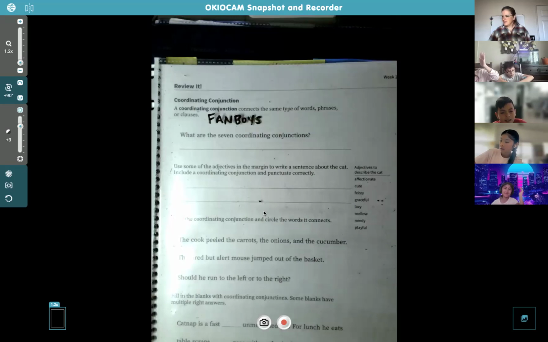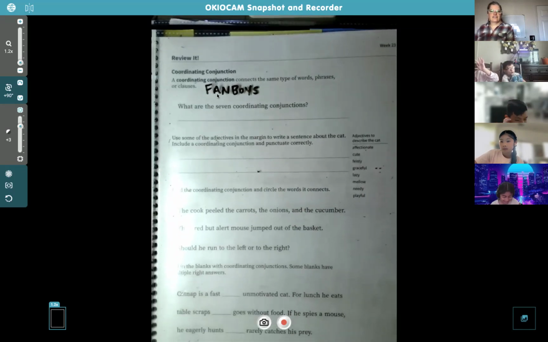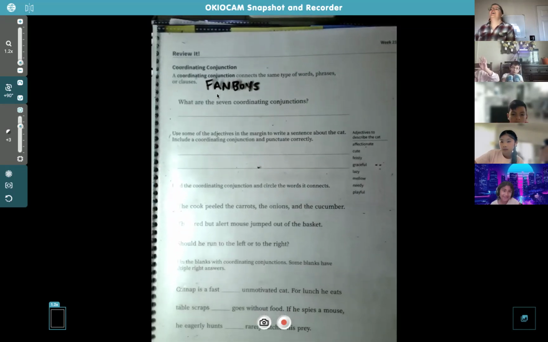The cute and playful cat sat on the grass. Oh, I like that. Very good. And then Olivia? The cat is lazy, cute, and fat. Nice. Usually the lazy ones are a little fat. I mean, let's be honest. All right, good job.